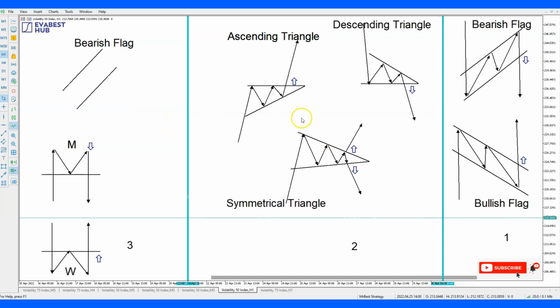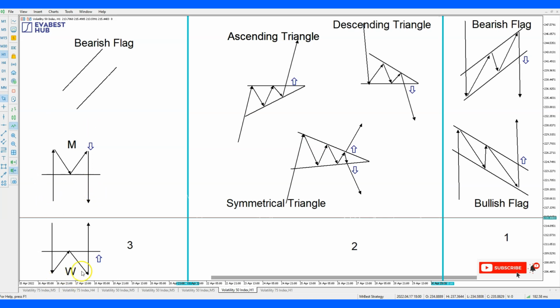For your triangle, your ascending triangle and your descending triangle, they are continuation patterns, right? Because you can see the market was what? Buying and continuation, right? Then your bearish and bullish flag, they are also continuation patterns. So here we have two continuation patterns and one reversal pattern, but there's a way you can trade your M and W and it will look like you can trade it as a continuation pattern also.